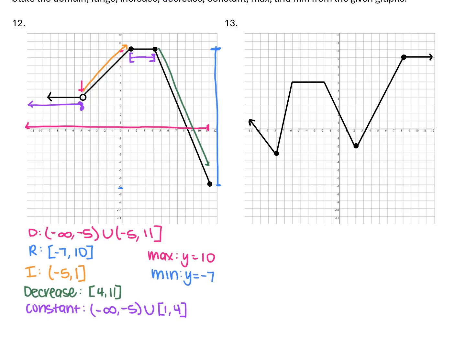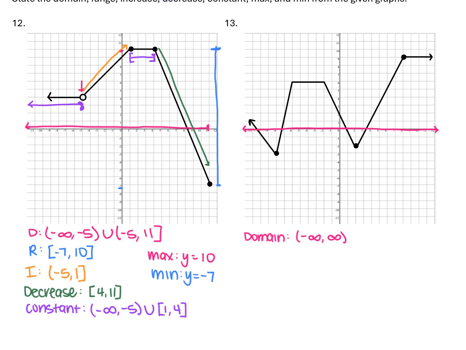For number 13, we're going to start with your domain. For your domain, you are covering the x values from negative infinity all the way to positive infinity because you have those arrows at both sides of your line. There are no open circles within it, so every x value is being covered.